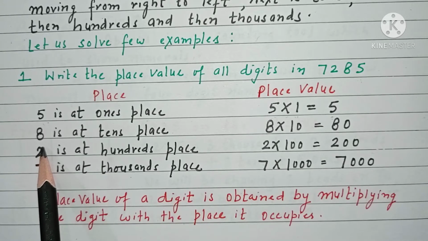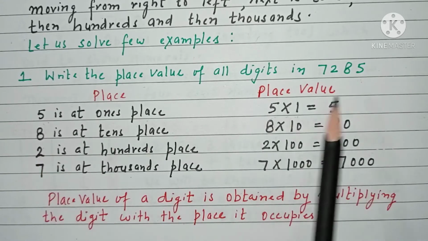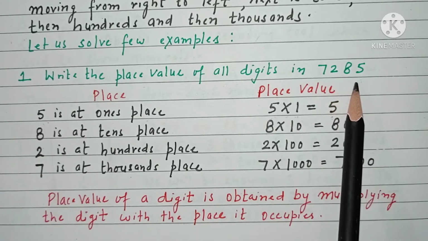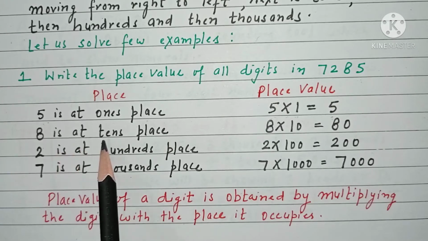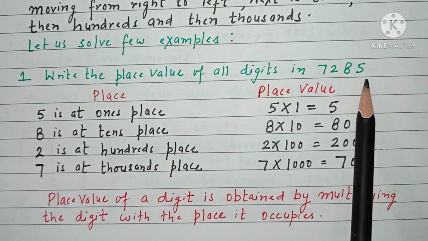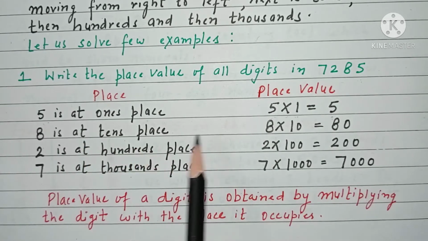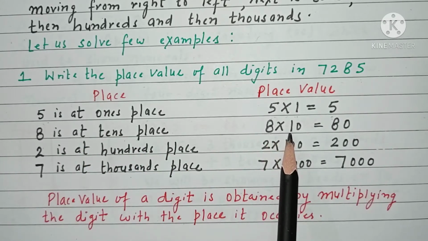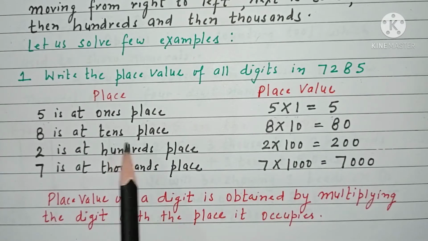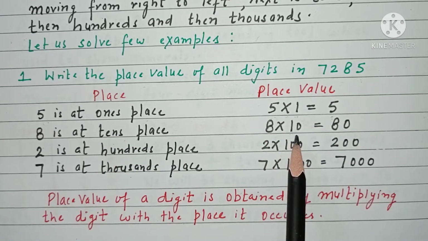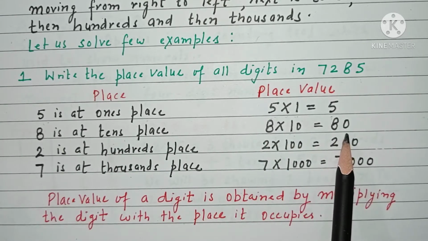Now, look at 8. 8 is written after 5. So, 8 is at the tens place, moving from right to left. So, 8 multiplied by the place, which is tens. 8 multiplied by 10 gives you 80.